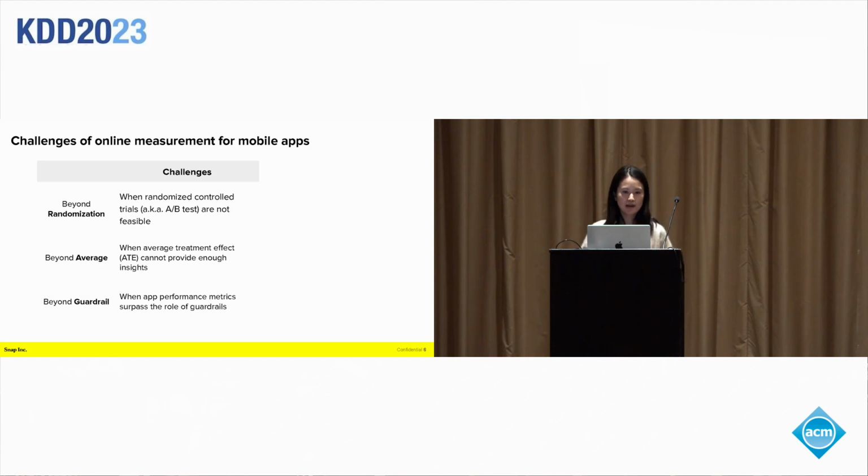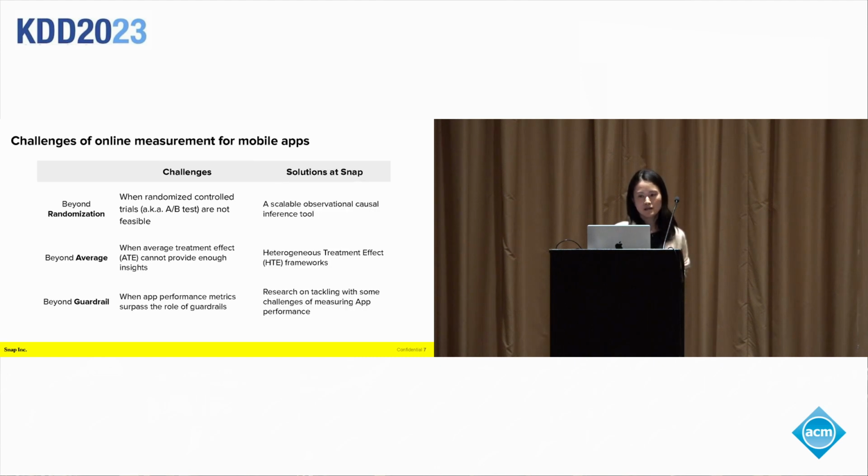The most commonly used measurement effect is called average treatment effect. But there are cases where average treatment effect cannot provide us enough insights. And the third topic is about beyond guardrail. That is when the app performance metrics surpass their role of guardrails and become the focus of our analysis. So these scenarios pose challenges for online measurement in mobile apps, and we will also show how we provide solutions to these challenges at SNAP.